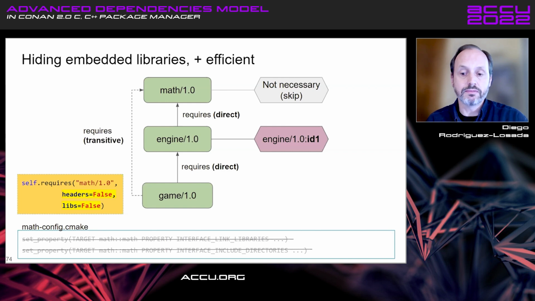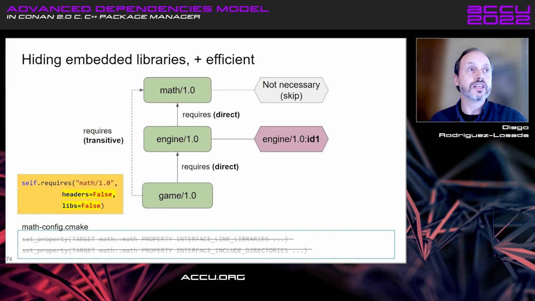It can say, okay, that's perfect. I don't need the headers of math. I don't need the libraries of math. Why fetch the math binary at all? I can now build the game application, and it will only need the binary of engine. It no longer needs the math static library on my computer at all.